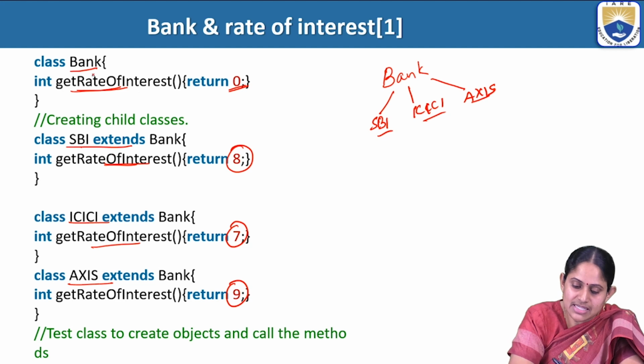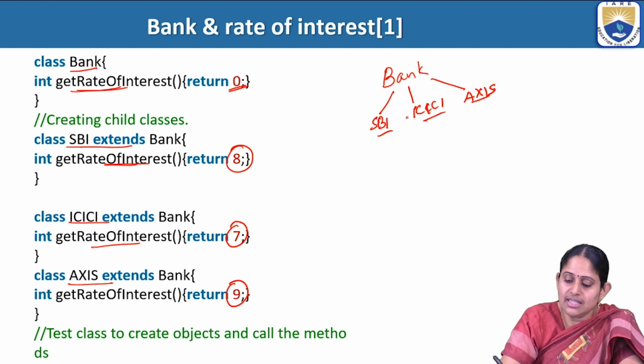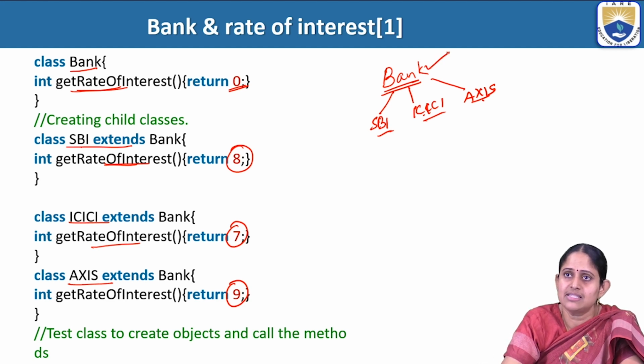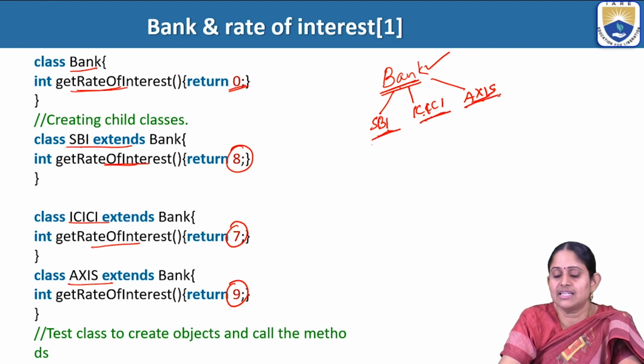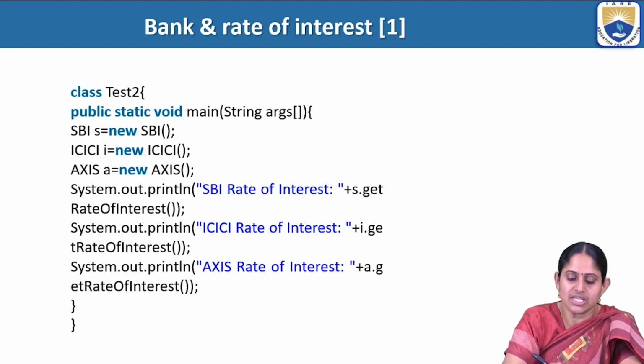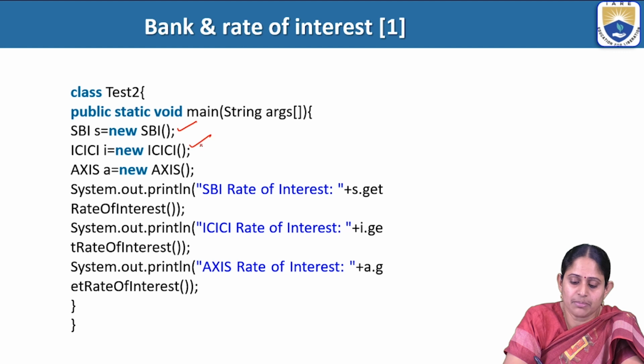Since these three subclasses are obtained from the bank class, whatever properties are present inside the bank class are available for SBA, ICICI and Axis. So getRateOfInterest is present in the bank class, and that is overridden inside the SBA, ICICI and Axis classes in their own way. Now when you create the objects of these subclasses, you can invoke that method using their objects.